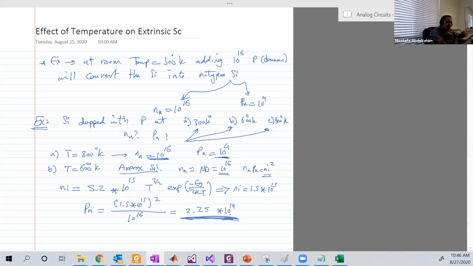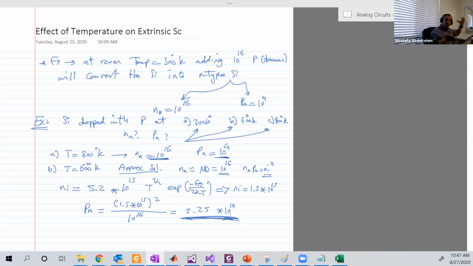So if we increase the temperature of an extrinsic silicon, it gradually converts back toward intrinsic. Because a lot of heat will make more electron-hole generation. So more electrons will leave the bonds. Both sides will increase. N will increase and B will increase.